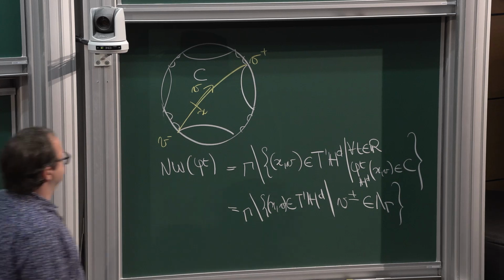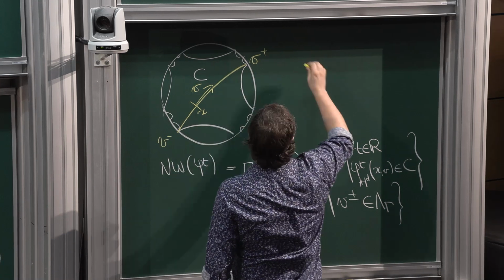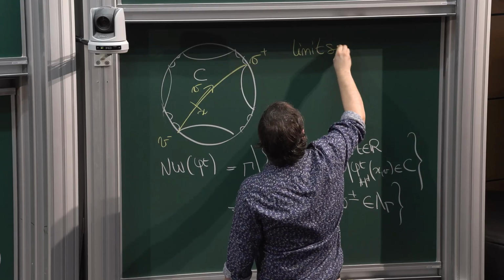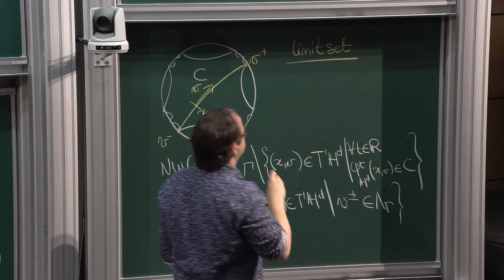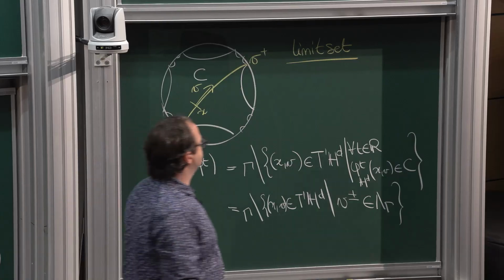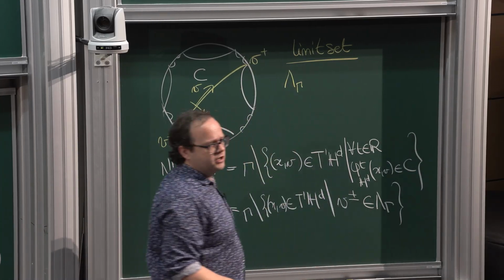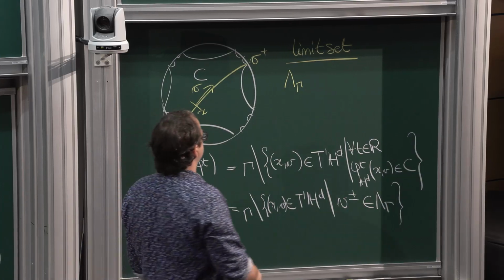So that's another definition I should state. I guess this was in Barbara Shapiro's lectures already. So the limit set, lambda of gamma, this is the accumulation points of orbits in the boundary. Right?